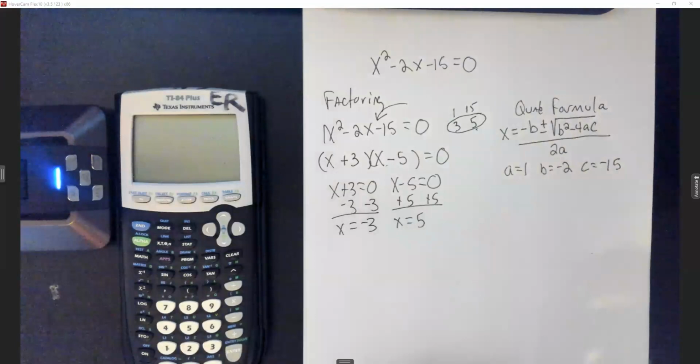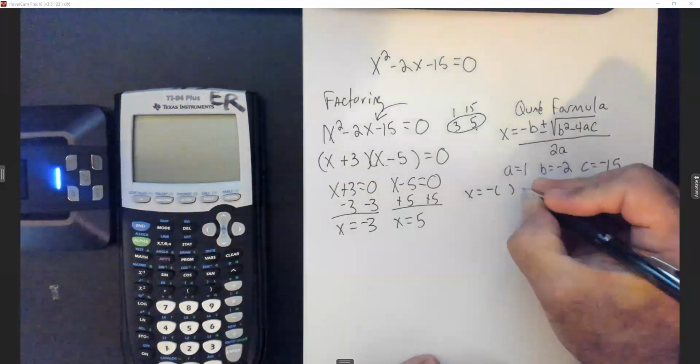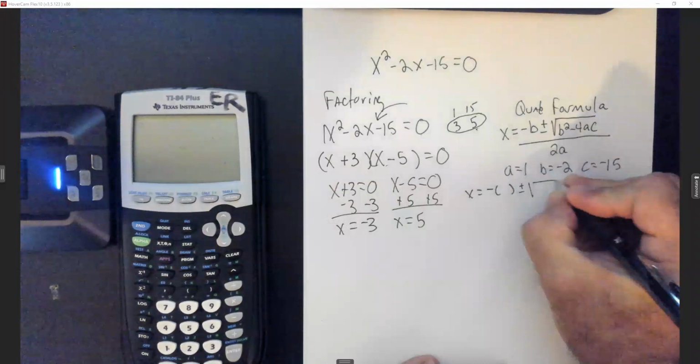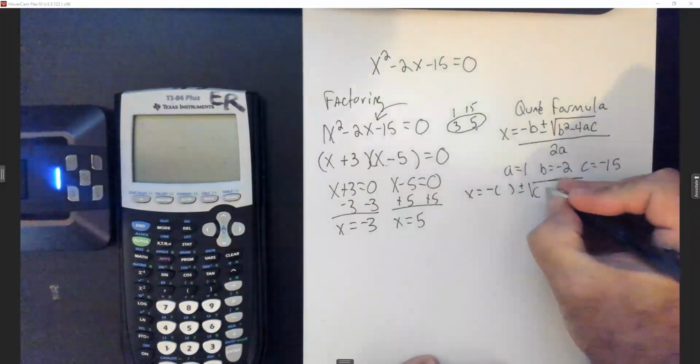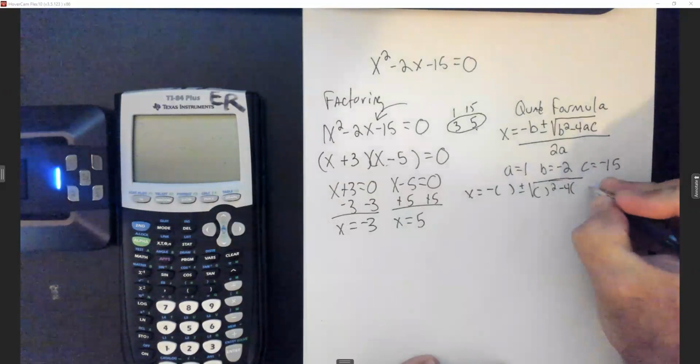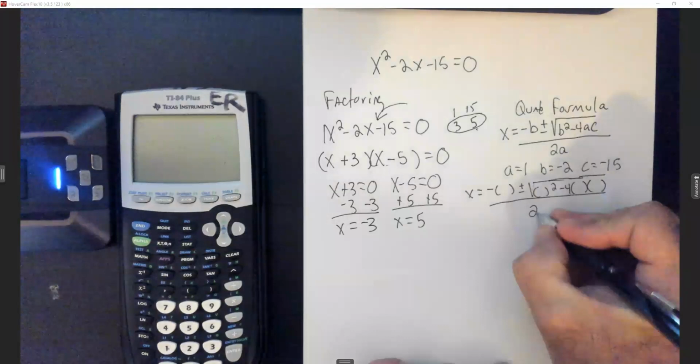Now, you would come in, x equals -b plus or minus square root of b squared minus 4 times a times c. All of that's over 2 times my a.